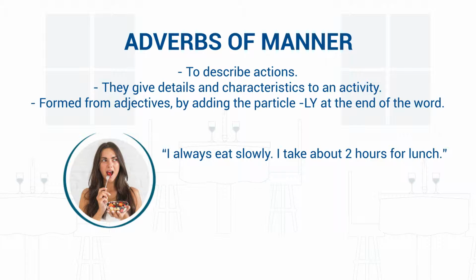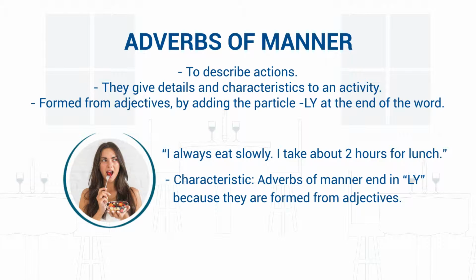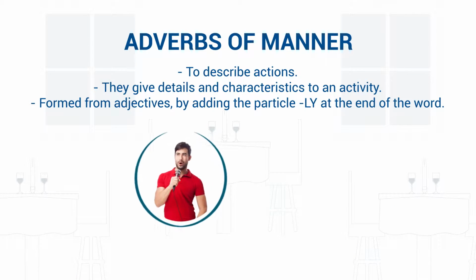In this example, the adverb slowly is describing the action of eating. The adverb of manner helps you to answer the question, how do you do it? Adverbs of manner have one simple characteristic. They end in ly because they are formed from adjectives. For example, Michael sings beautifully.